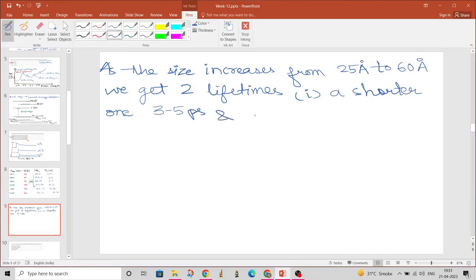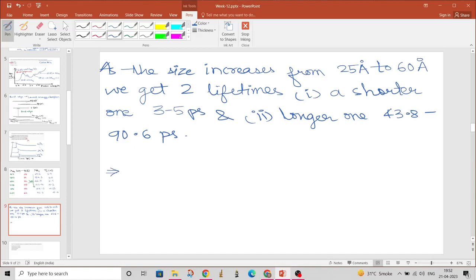And we also get a longer component, which is around 43.8 to 90.6 picoseconds. I have not written down the longer component in this table.